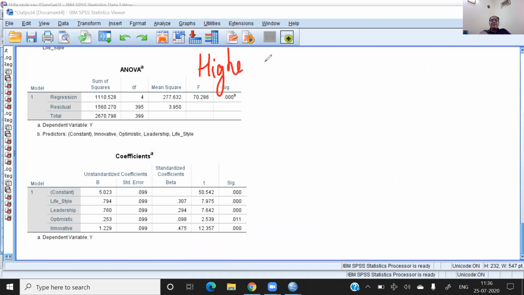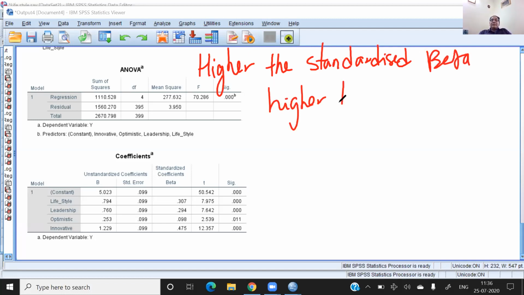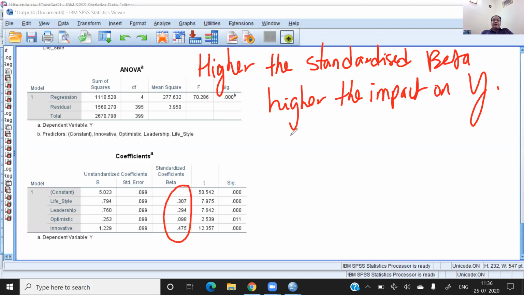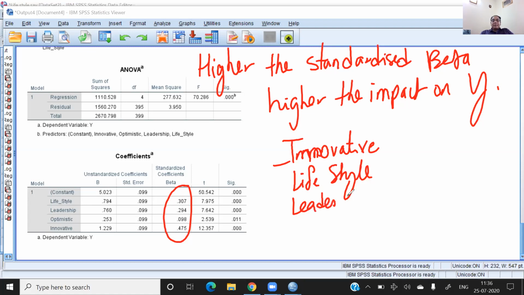higher the standardized beta, higher the impact on y. So if we arrange according to the standardized beta, innovative is having the highest impact, followed by the lifestyle, followed by the leadership, followed by the optimistic.